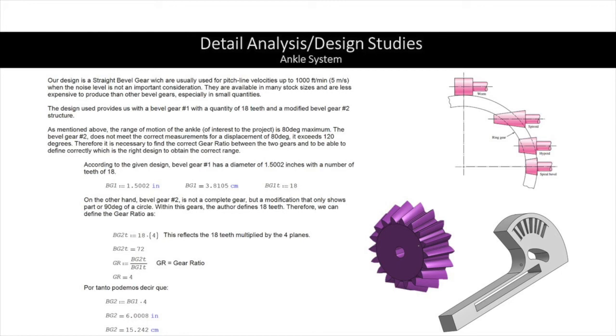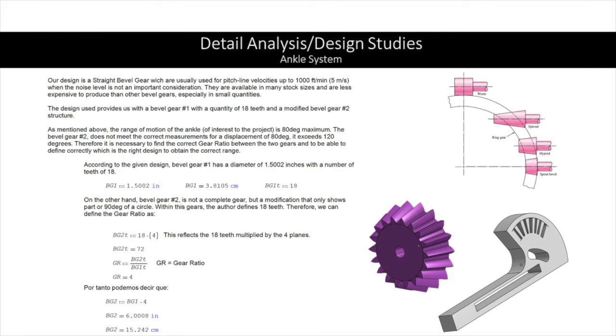And as mentioned before, a number of teeth of 18. On the other hand, bevel gear 2 is not a complete gear but a modification that only shows part of a circle, or 90 degrees of it. Within this gear, the author defined 18 teeth also.